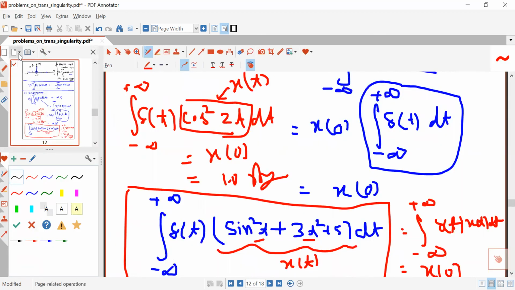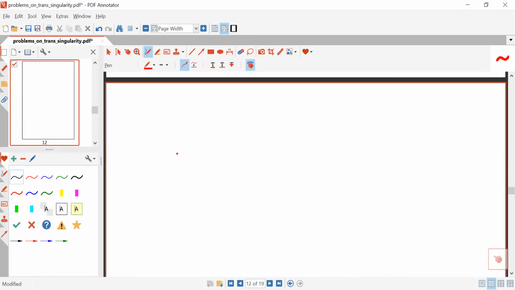And the second shifting property is: if a test signal is multiplied with a shifted impulse function, then what will happen? This is property 2. Suppose this integration is from t1 to t2, and this shifted impulse function is multiplied with any signal.